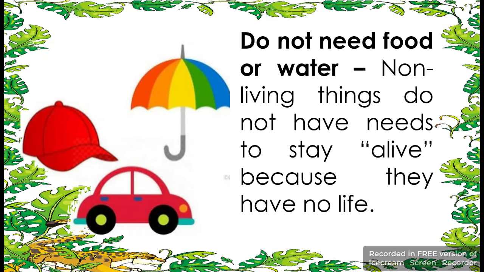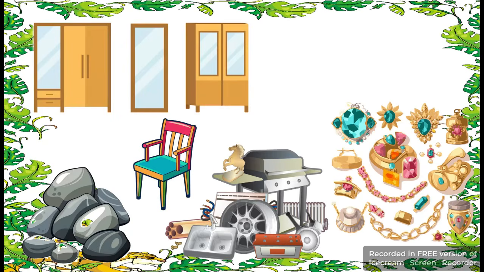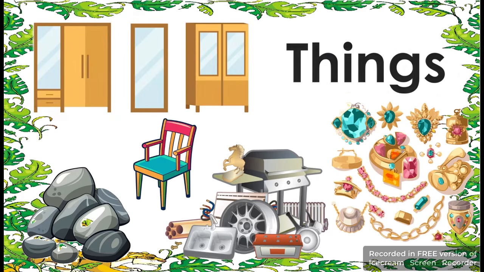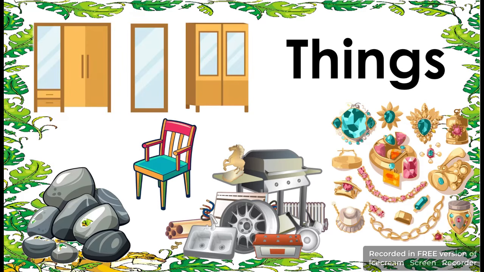They do not need food or water. Non-living things do not have needs to stay alive because they have no life. These are samples of non-living things, including furniture, rocks, chairs, metals, and jewelry. They are called things.